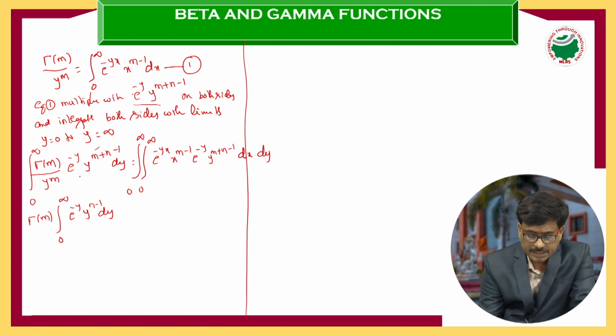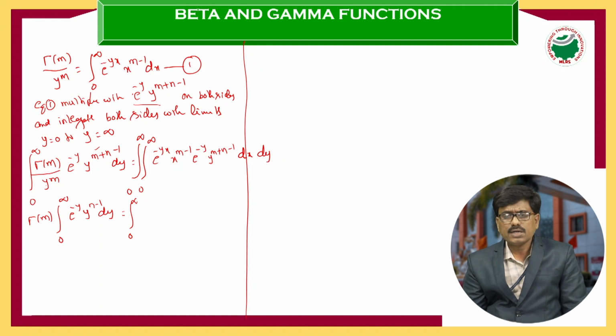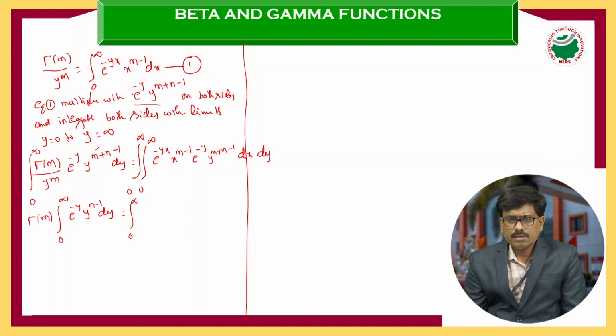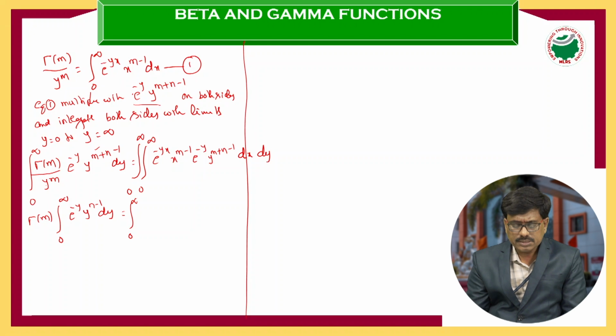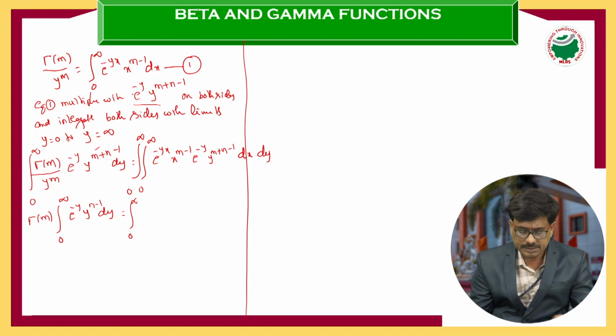Okay, I hope now this is clear, because y power m simplified. Here is integral 0 to infinity. Already you know the double integral. We are interchanging the x limits and the y limits.